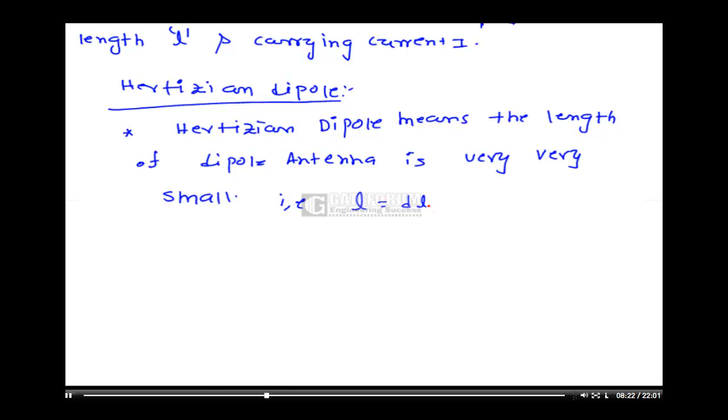If the length of the dipole antenna is very small, then the antenna is called a Hertzian dipole antenna. This Hertzian dipole is carrying a current I.